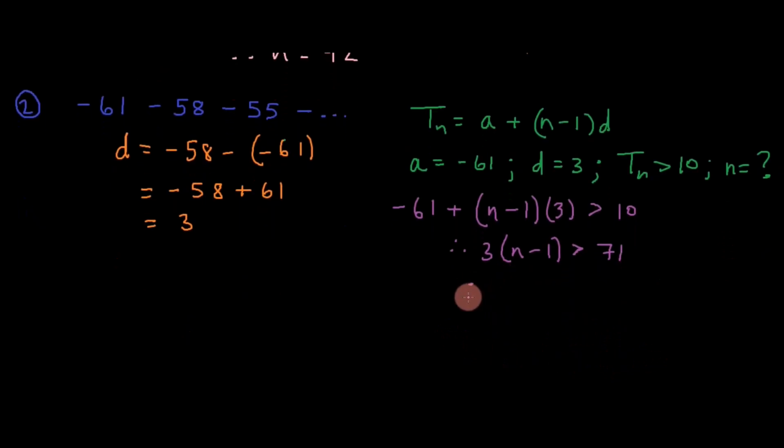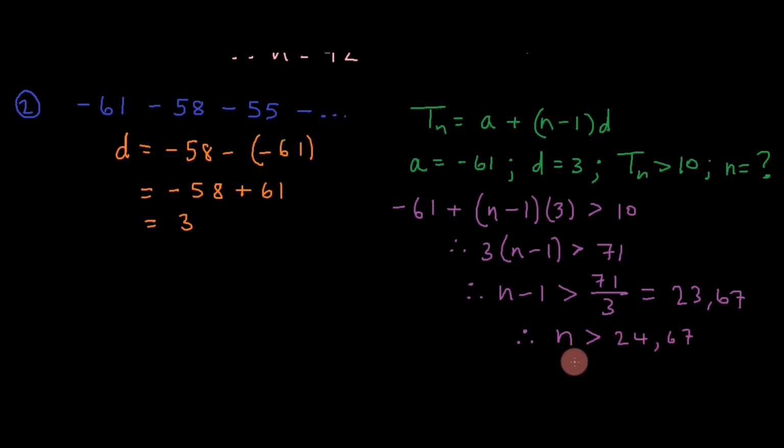We divide by 3, so n minus 1 is greater than 71 divided by 3. On a calculator, this comes to 23.67. And finally, we can solve for n. We take the negative 1 to the right-hand side, so n is greater than 24.67. The smallest natural number greater than 24.67 is 25. So n will equal 25.